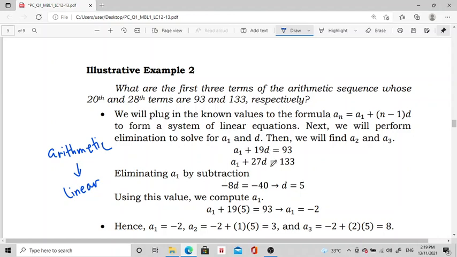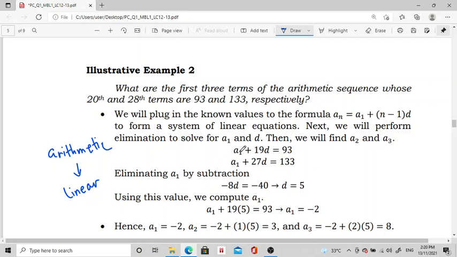We now have a system of linear equations, and we can use this system to solve for A1 and D. And we will do that by the process of elimination. So we are going to subtract the second equation from the first equation.